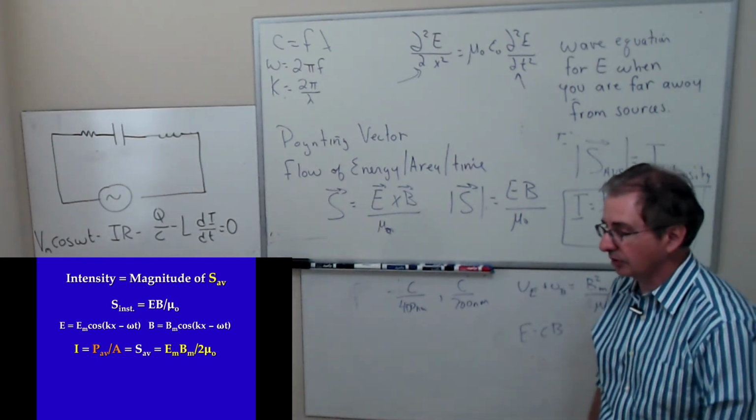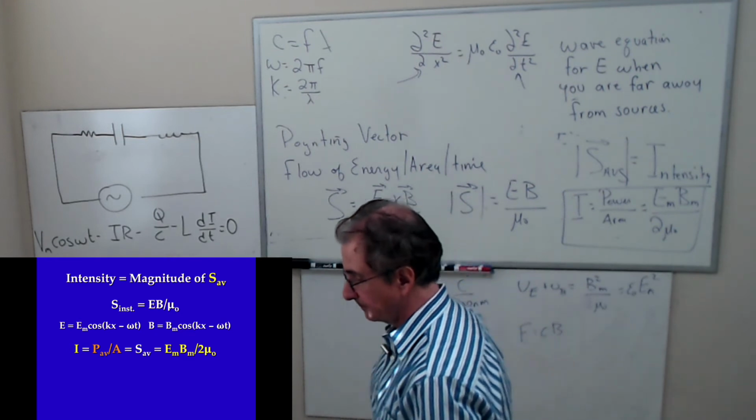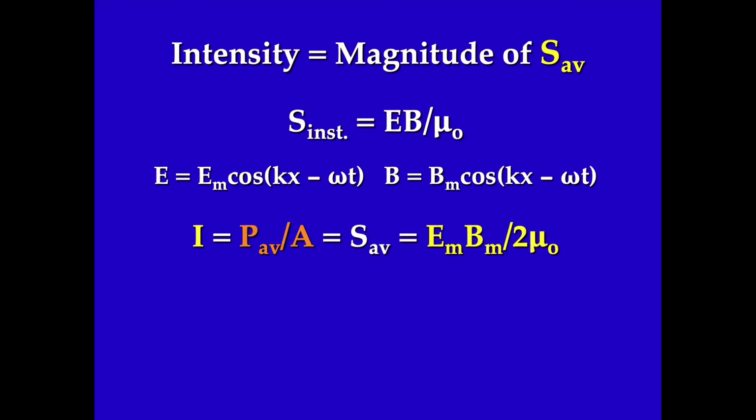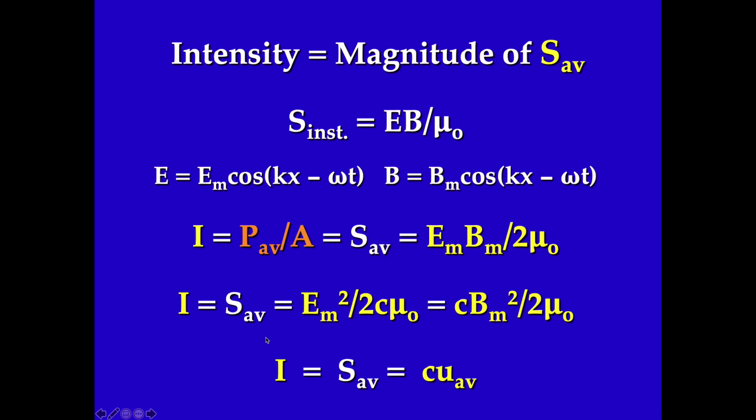It's the power per unit area. And since S average is U total times c, then I is c times U average.